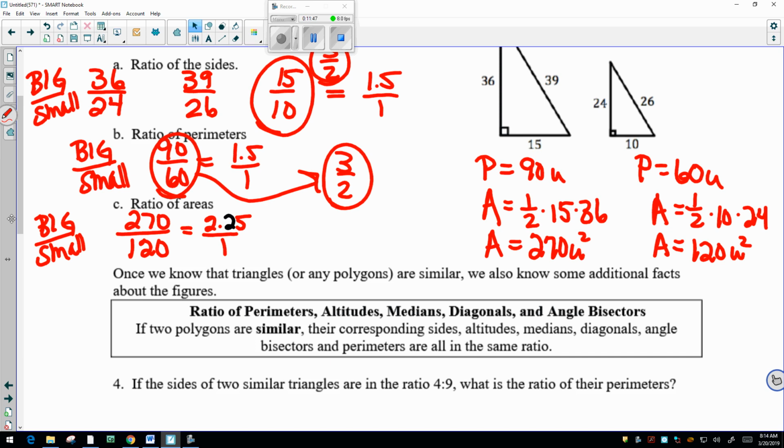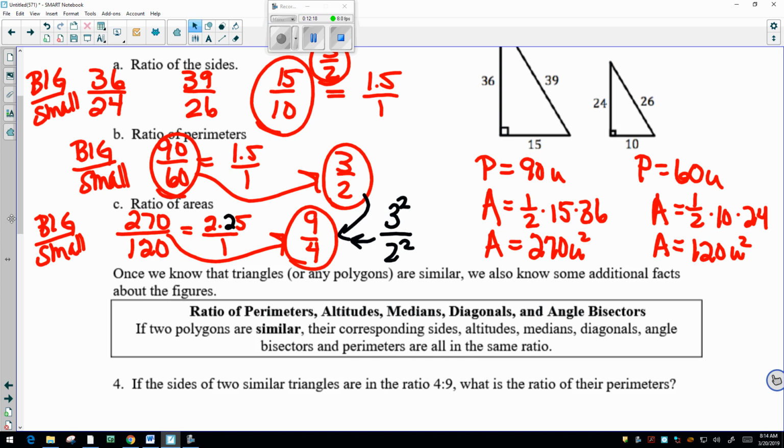If we were to reduce 270 over 120 as a fraction, I could see this would get me the fraction 9 over 4. That might make it a little bit easier to see this connection. If I wanted to connect these two, well, if I took 3 and I squared it, and I took 2 and I squared it, that's going to get me the same ratio.